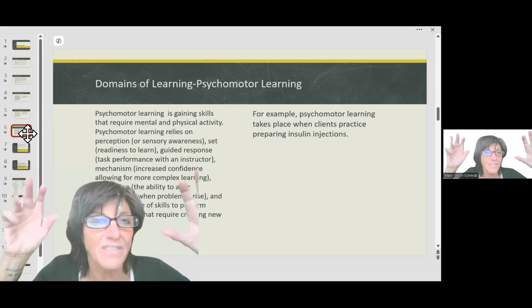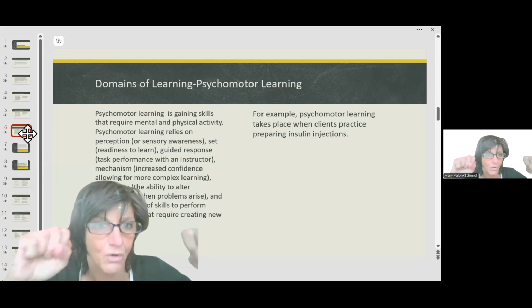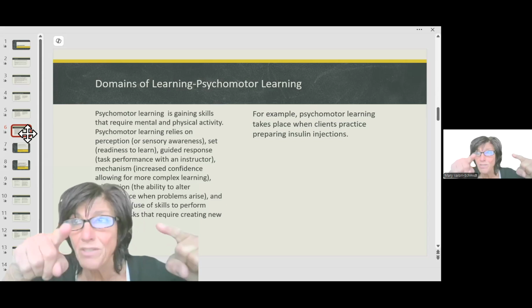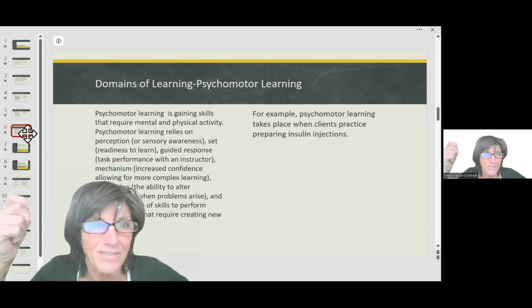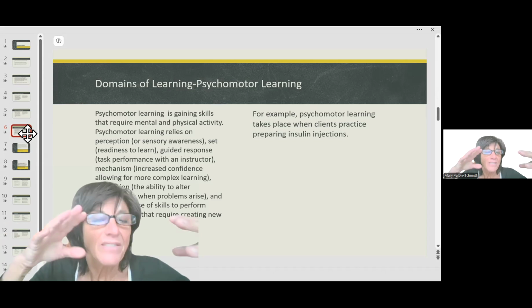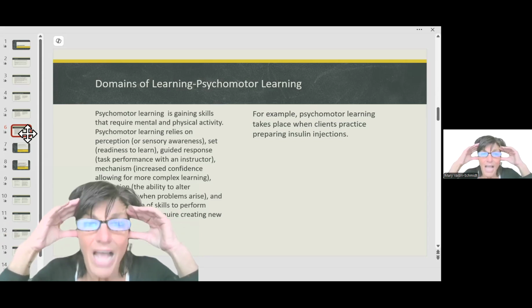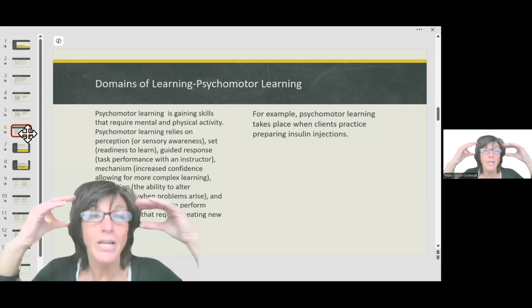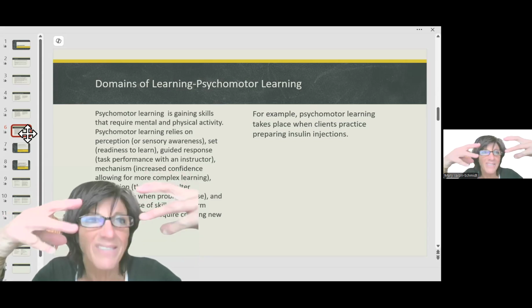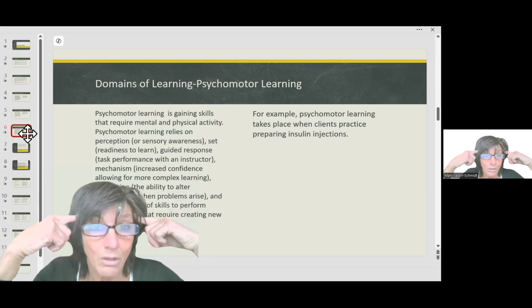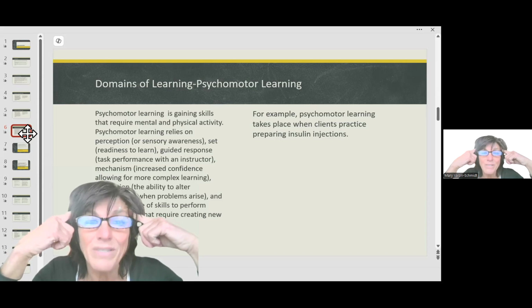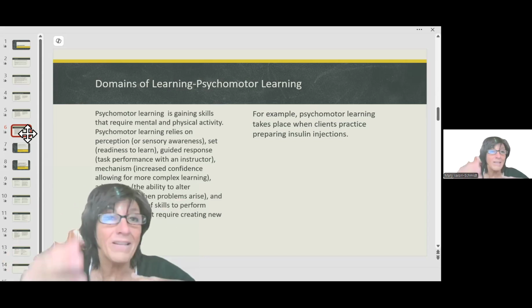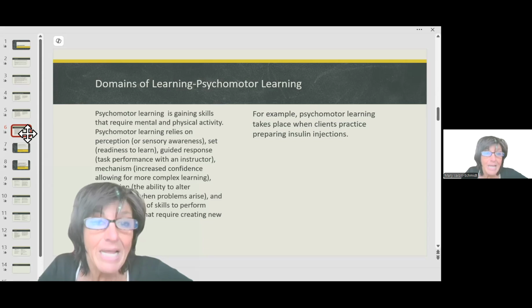Then we have psychomotor, right? That's gaining skills that require mental and physical activity. For nurses, things like administering injections, putting in Foley catheters. So psychomotor learning relies on your perception. In other words, your awareness, your being able to see and hear, your readiness to learn, right? Your guided response, which is, in other words, performing that task with an instructor.